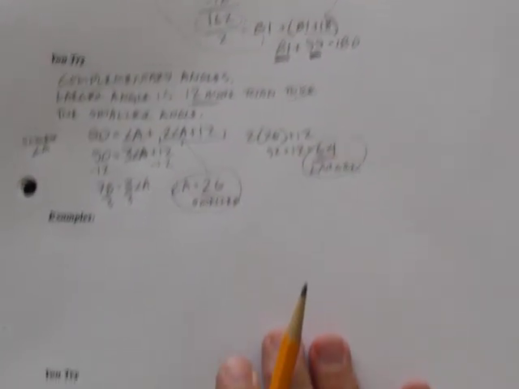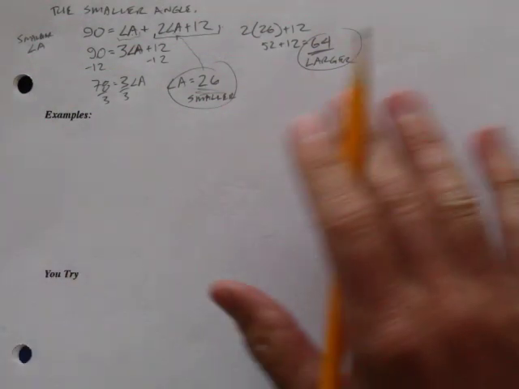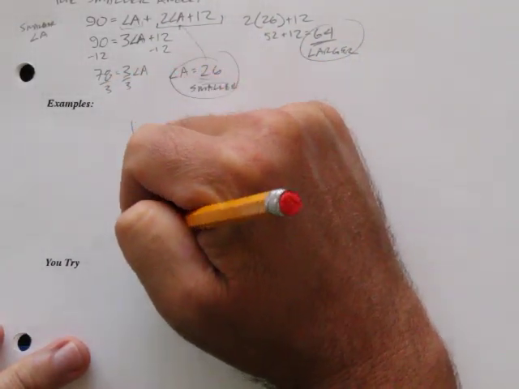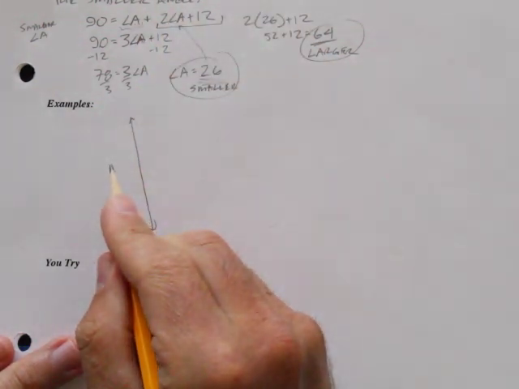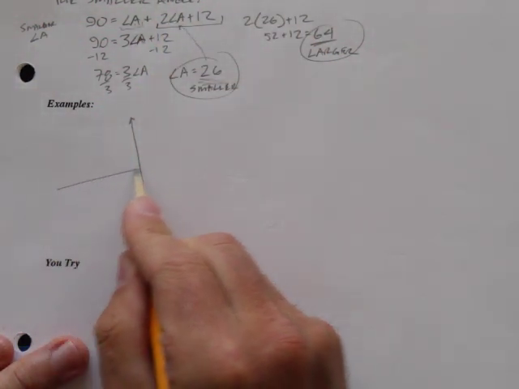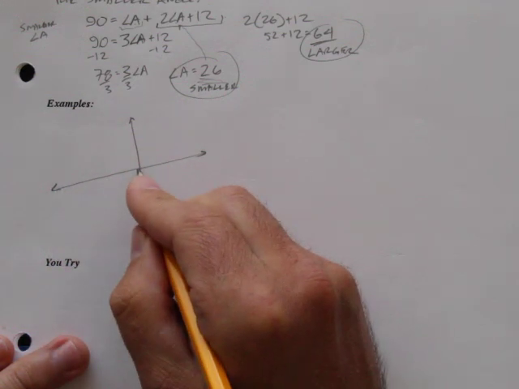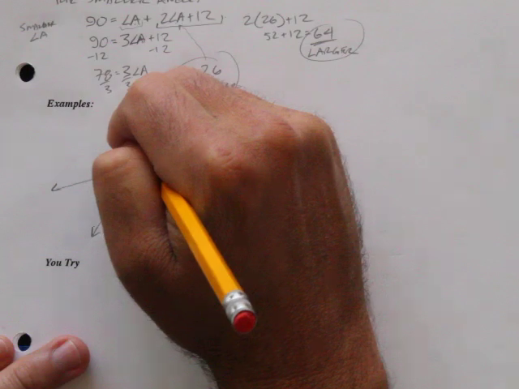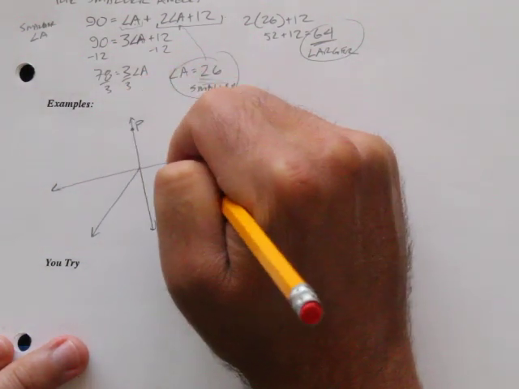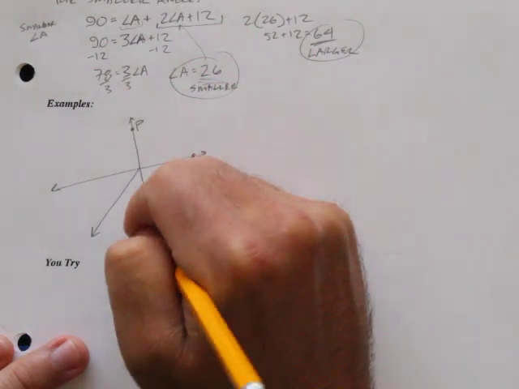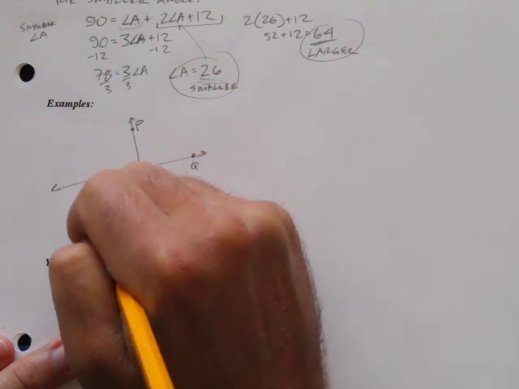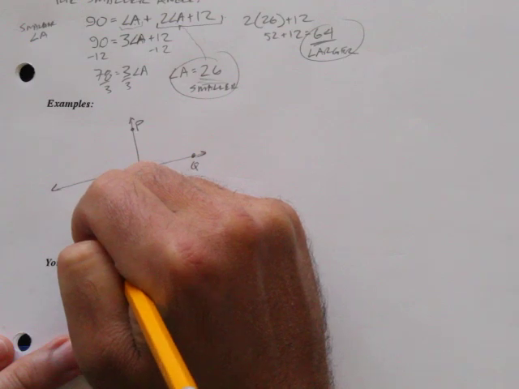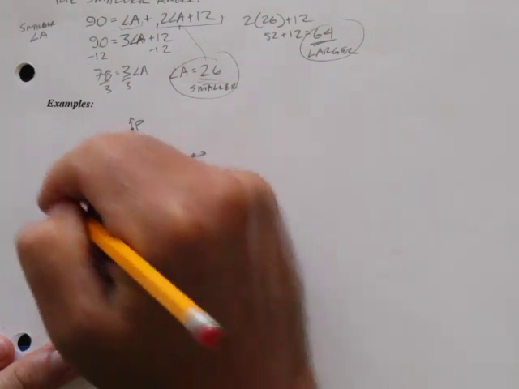All right, let's do a different example. Let's draw a line and a line and a ray. Let's start labeling this. P up here, to the right is Q, down toward the bottom is R. The end of this ray is W, not really the end because it goes on forever, right?